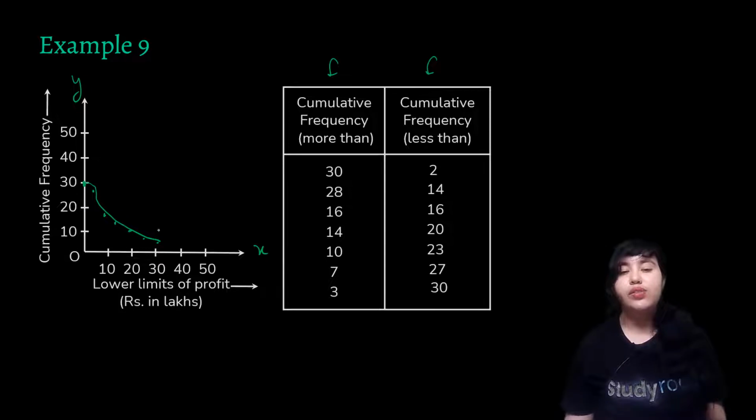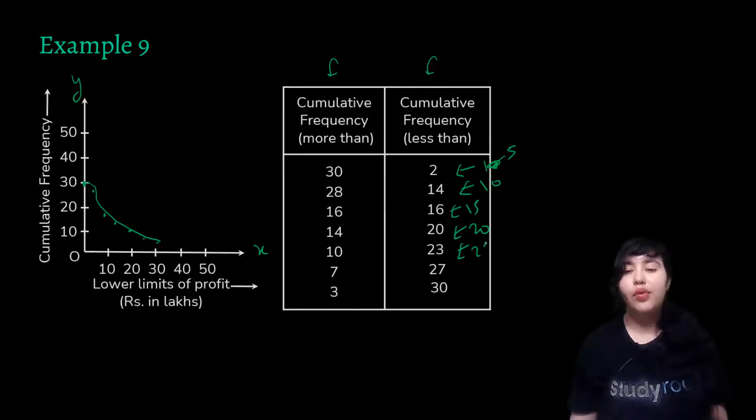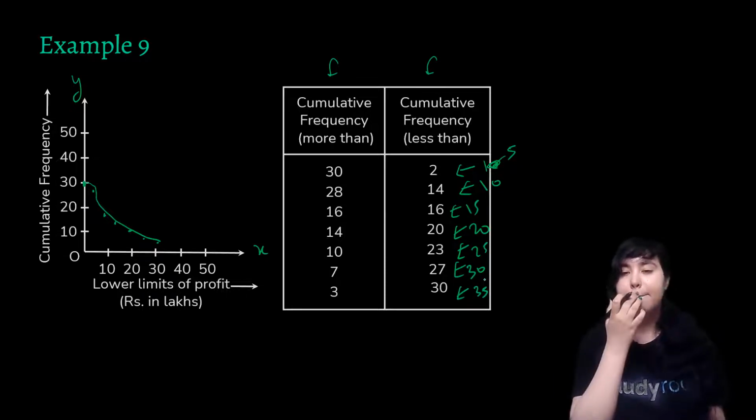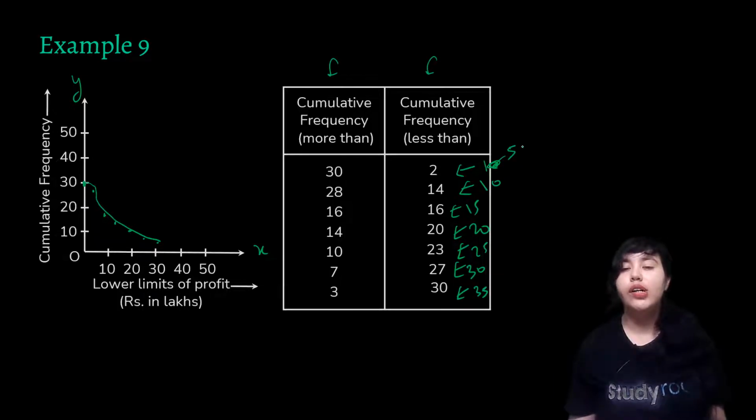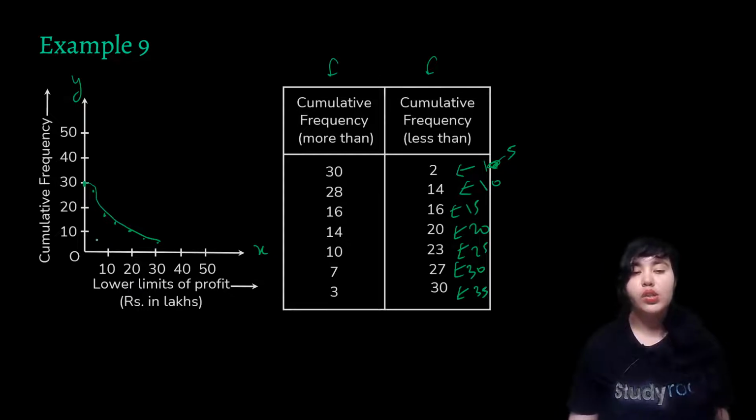Alright, so once you have joined them, now what you need to do is look at the cumulative frequencies of less than type. This is for upper limit 5, this is for upper limit 10, 15, 20, 25, 30 and 35. So for lower limit 5 it is 2, so this will be 2. For 10 we are having 14.